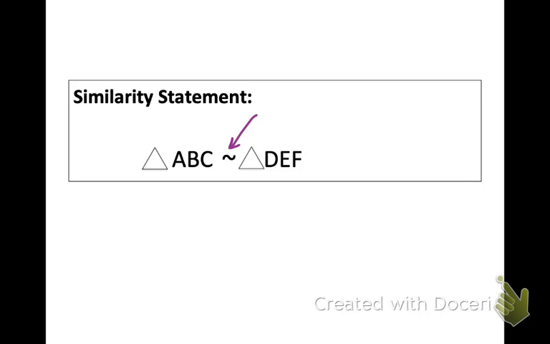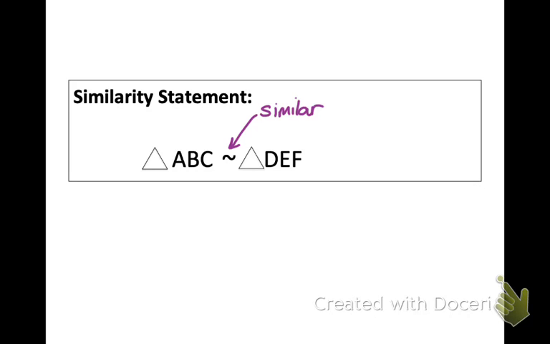This is similar to your congruent sign, but we took away the equals underneath the squiggle. Think back to what your symbol for congruence is. It's the equal sign with the squiggle atop of it. Well, now I'm taking away the equal part because I don't have all equal corresponding parts. So just a single squiggle is your symbol for similarity.